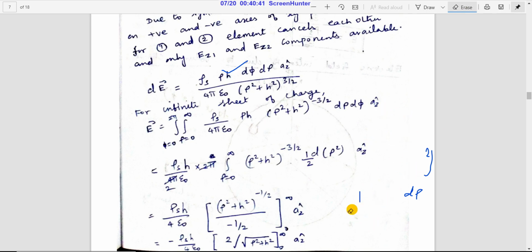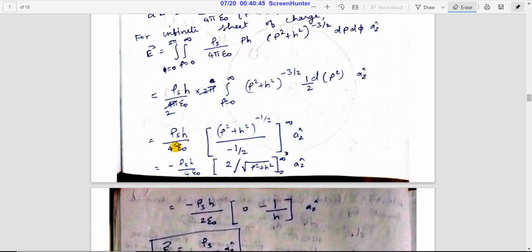Okay, now listen. So this rho s h divided by 4 epsilon naught, we have made the arrangements for this equation. To integrate this term, since we are integrating with respect to rho square, we will have this as a single term, and minus 3 by 2 is going to be integrated as minus 3 by 2 plus 1.